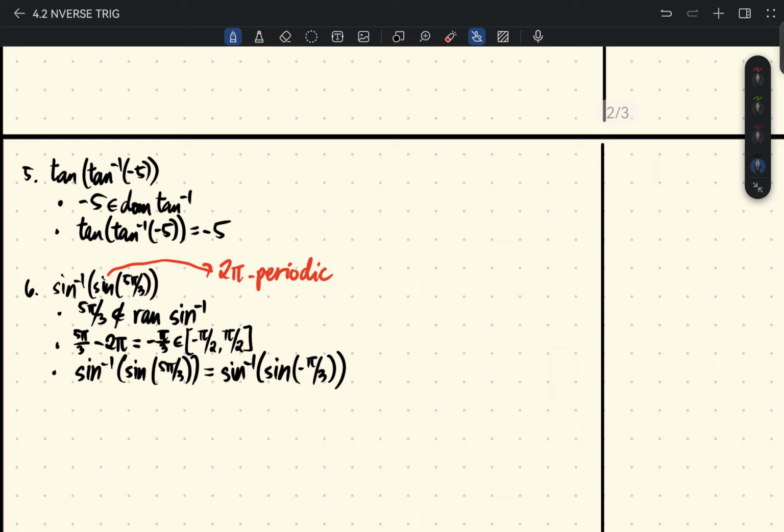And since this is in the range of sine inverse, we can just revert the effects of sine and sine inverse to get negative pi over 3.